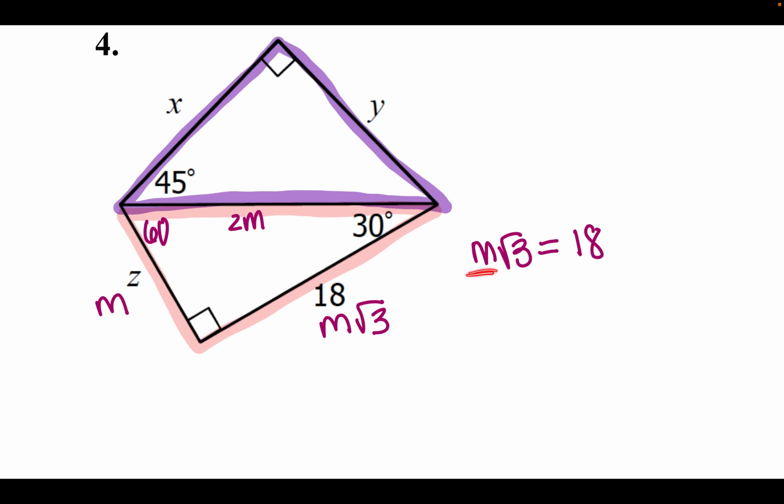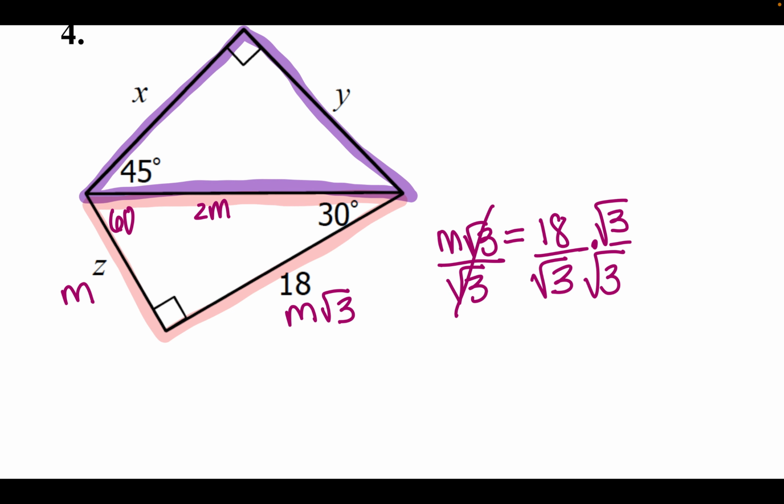Solve for m. Well, to get m by itself, divide by square root of 3. So those square root of 3's cancel. So we get m is equal to 18 over square root of 3. But we don't want the square root of 3 on the bottom. So we're going to times top and bottom by square root of 3 to rationalize that denominator.